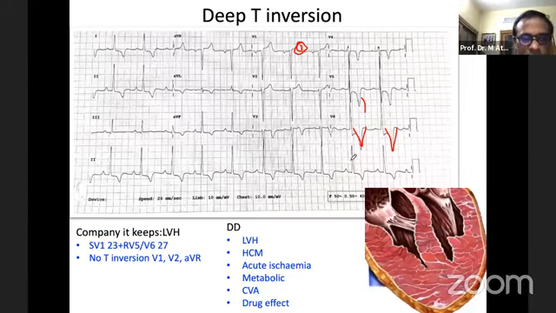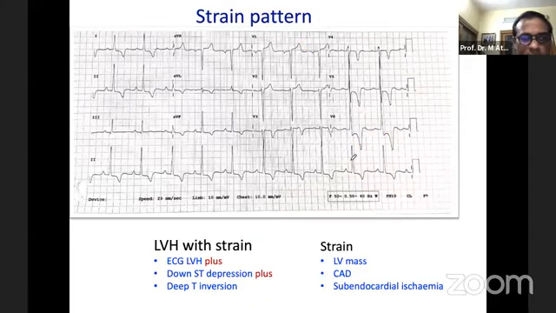So this is the deep T wave inversion, particularly present in case of left ventricular hypertrophy or hypertrophic cardiomyopathy. This is another example where such T wave inversion is present with LVH criteria. There will be downsloping ST depression and deep T inversion. This is called the strain pattern. Strain pattern means the presence of LVH criteria plus downsloping ST depression plus deep T inversion.